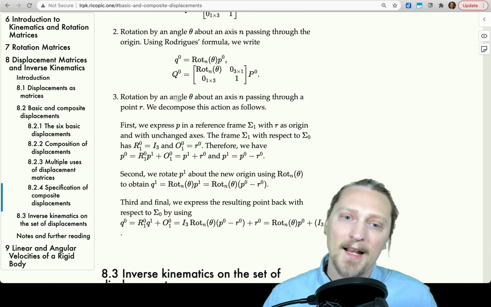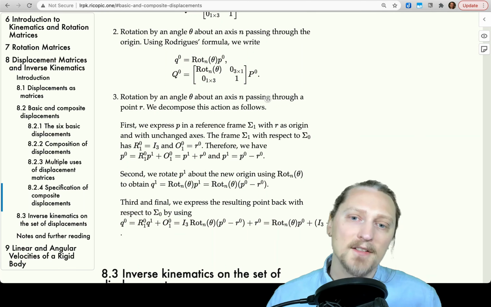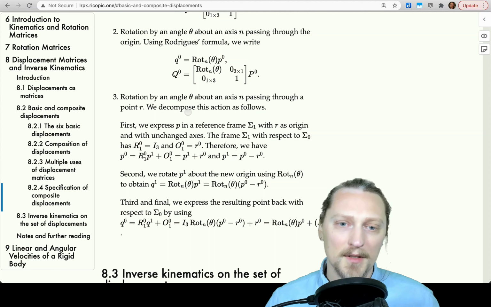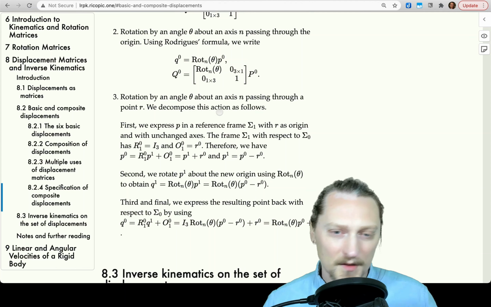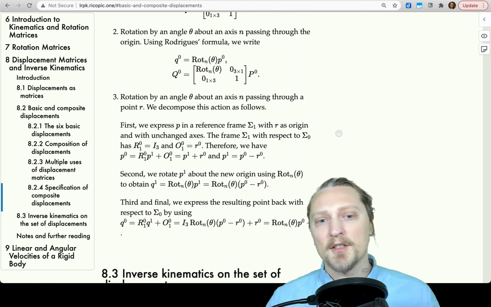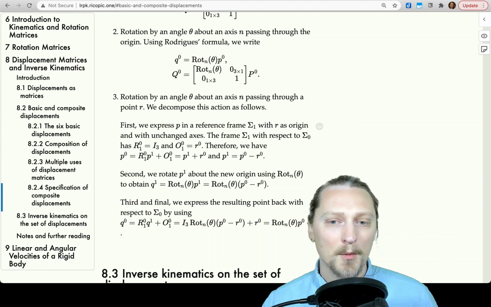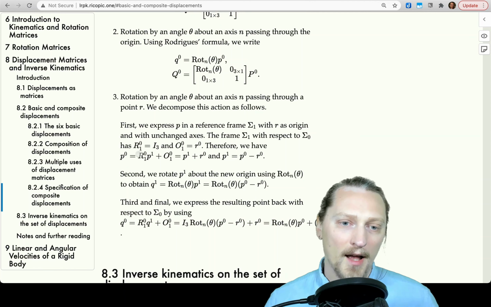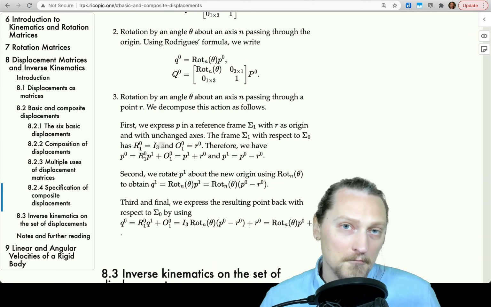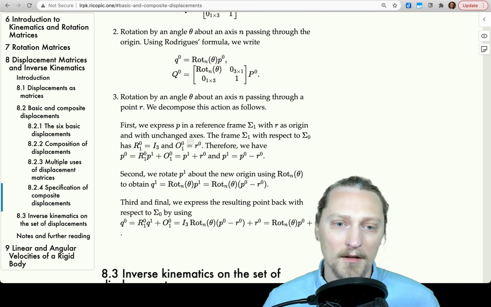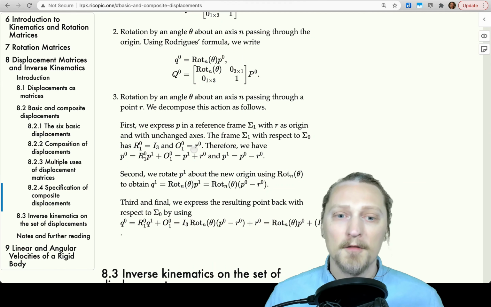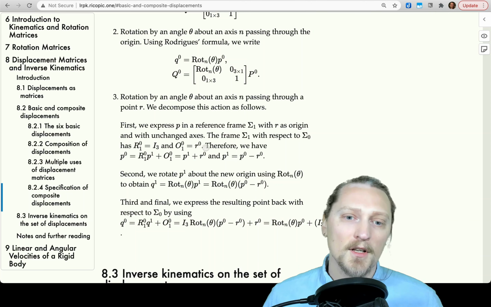3. Rotation by an angle theta about an axis n passing through a point r. We decompose this action as follows. This one's a little more involved. First, we express P in a reference frame sigma 1 with r as origin and with unchanged axes. The frame sigma 1 with respect to sigma 0 has a nil rotation, or no rotation at all, and a translation of the origin r0.